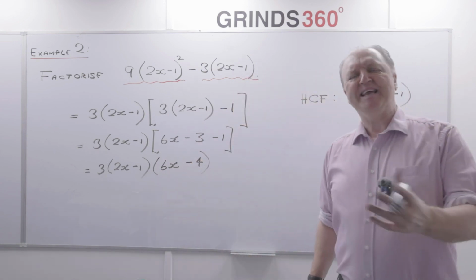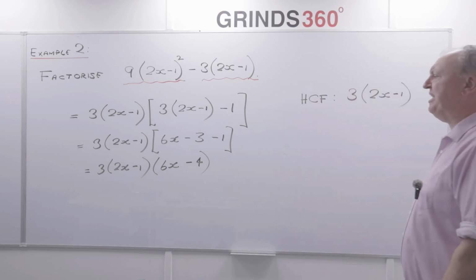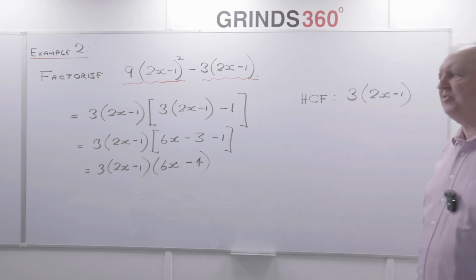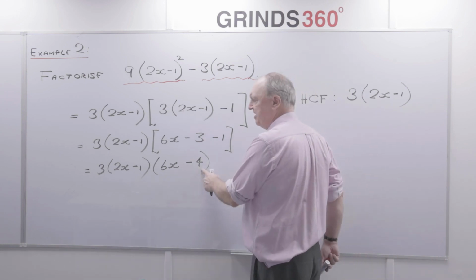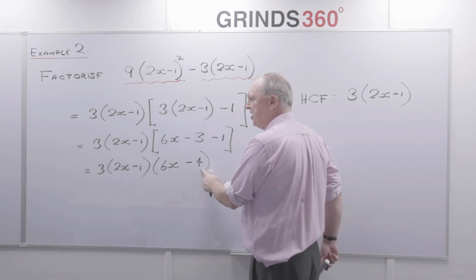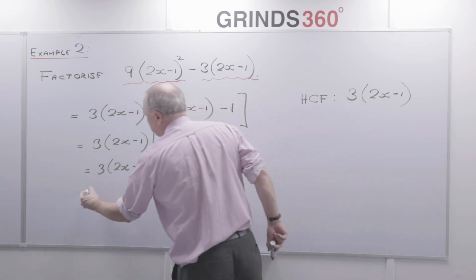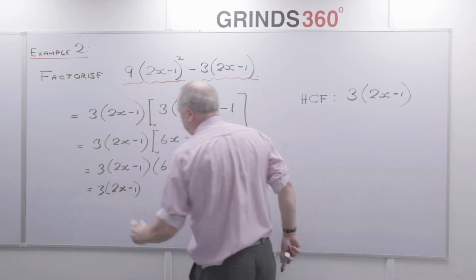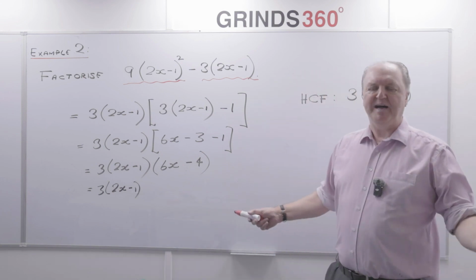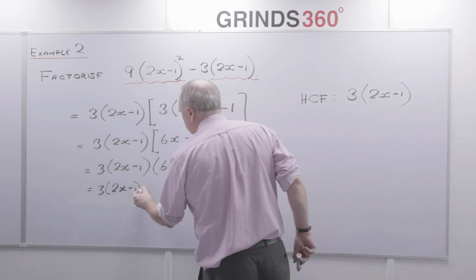Now, actually, if you look at that last bracket, it can do with a little bit of further factorization, couldn't it? What can I take out in common from inside that bracket? I could take out a number. I could take out the number 2. So now I've got 3 times (2x minus 1). And from that last bracket, I'm going to take out the 2 in common.